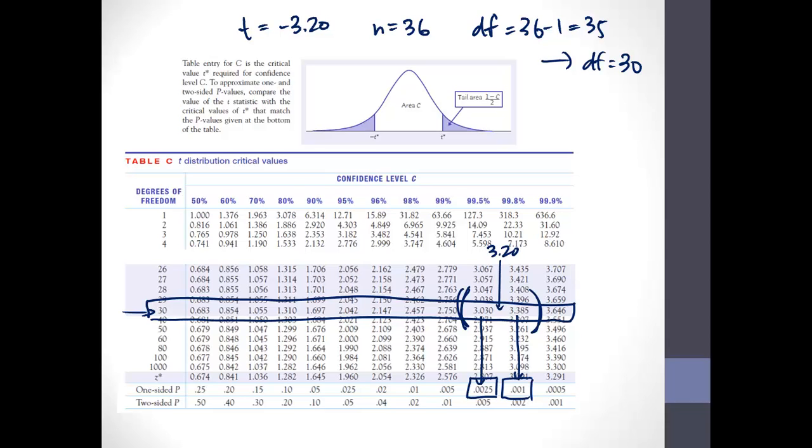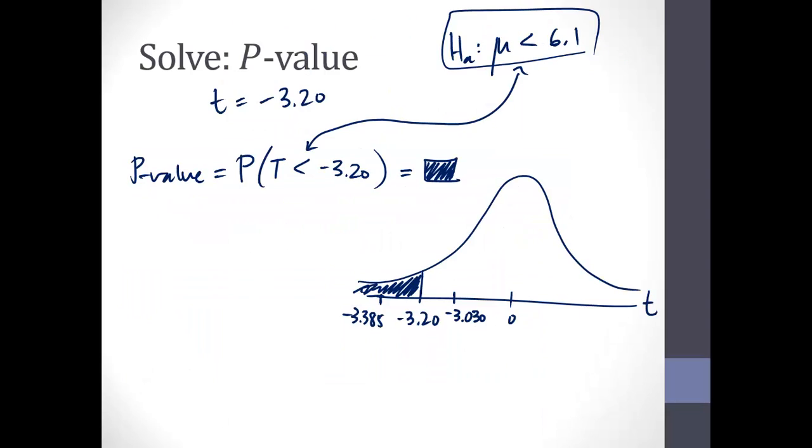What those numbers give me is the area in the tail that's outside of that value. So that tells me that the probability of being less than 3.030 is 0.0025, and being less than 3.385 is 0.001. Let me draw that in here, maybe this will help.